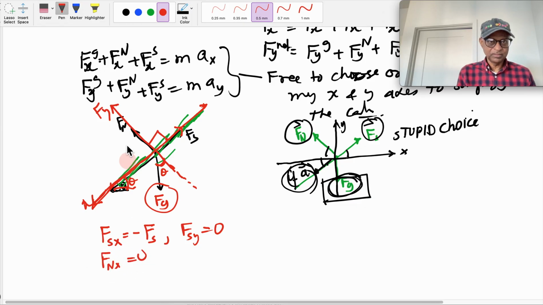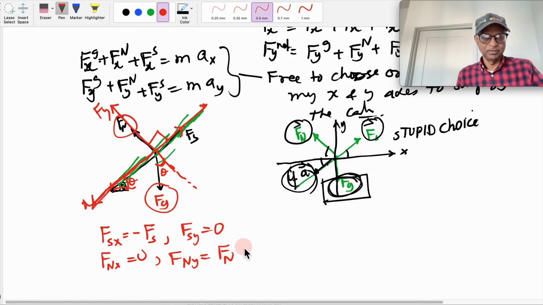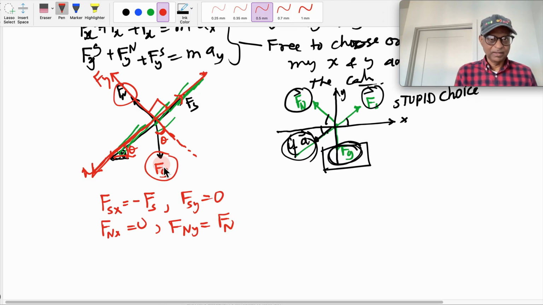Fnx is 0. This guy is all along the y-axis and has a positive value along Fn. Fny is the entire Fn. This guy, Fg, I have to be careful. On the x-axis, this projection is going to be positive. That much will be Fgx.